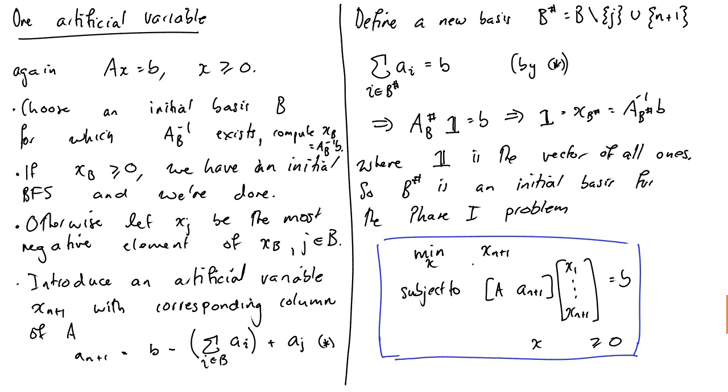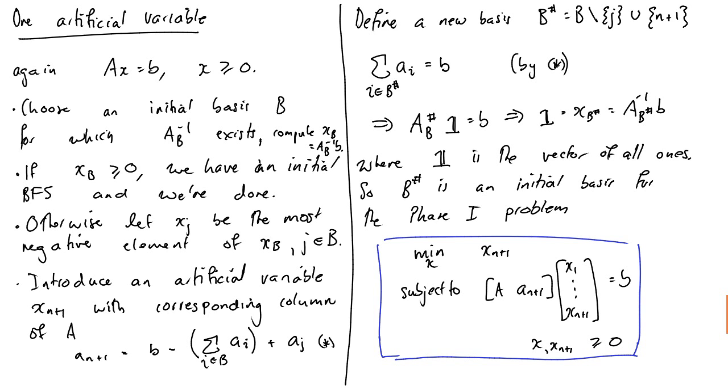So we're minimizing xn plus 1, x is constrained to being non-negative, so the lowest it can go is 0. If we can get it down to 0, then this new set of equality constraints is going to reduce itself to our original Ax equals b.